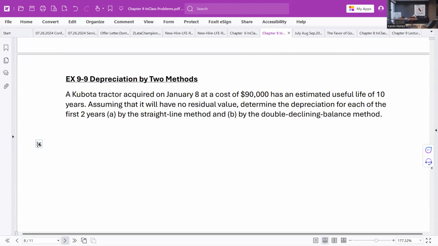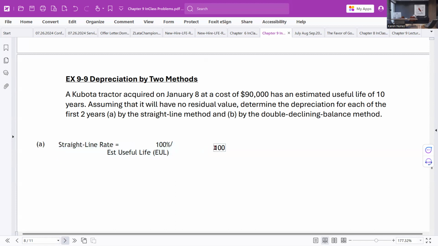So using the straight line method, we know that depreciation should be based on a fixed amount for each year. So we're just going to take that 100%, if you will, and divide by the estimated useful life of 2 years.